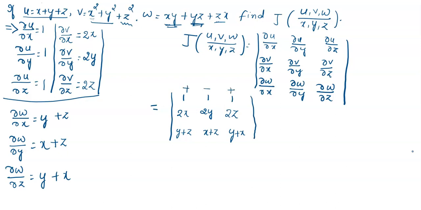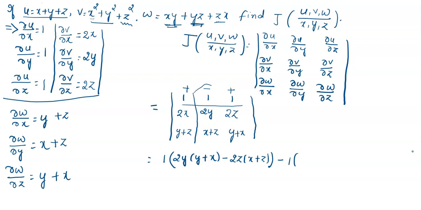So 1 into, you have to ignore the first row and the first column. We get a 2 cross 2 determinant. Let me write the expansion of this: 2y into y plus x minus 2z into x plus z, minus 1. Now you have to delete the second column and the first row, and we get a 2 cross 2 determinant and expand this.